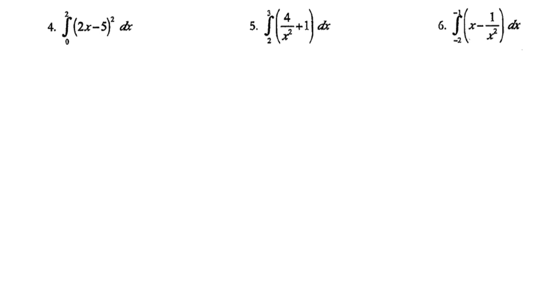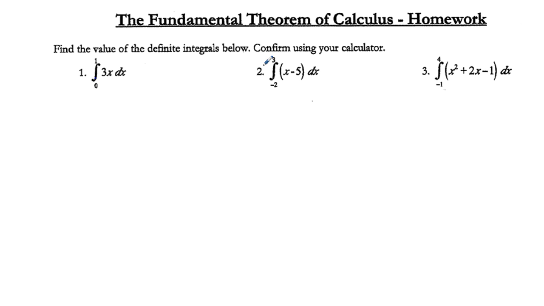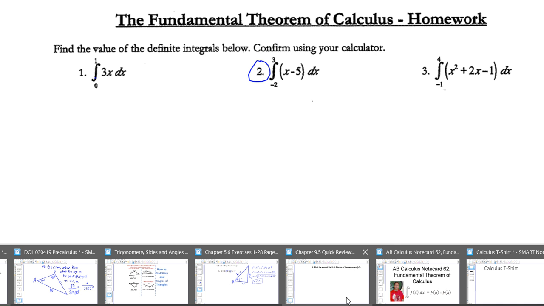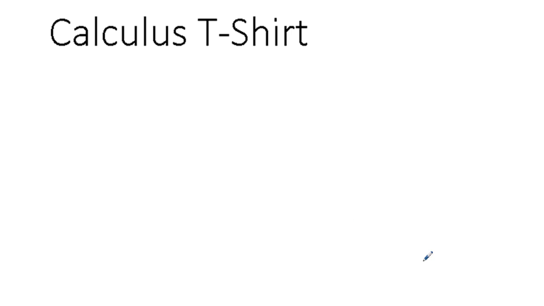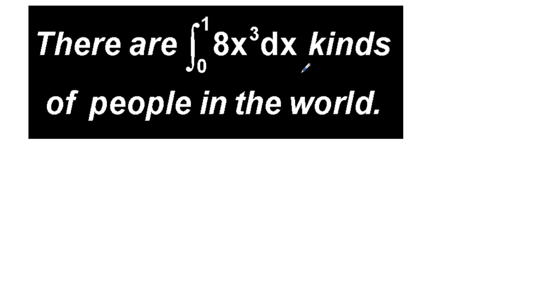But what I'm going to want to do is work out this problem 2 and also talk a little bit more in depth about the fundamental theorem of calculus. My students have this t-shirt here whose front side is this graphic.